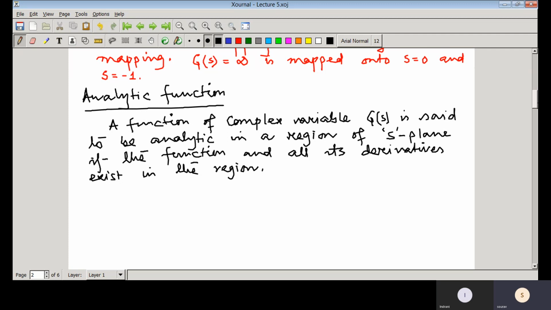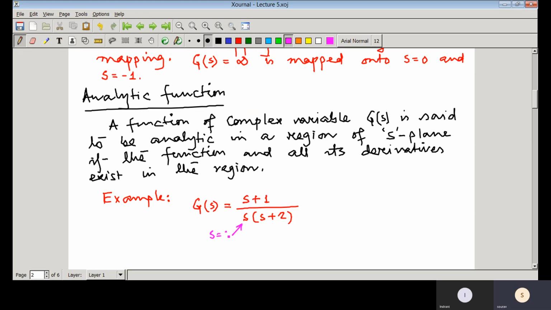So let us see one example. Suppose GS is a function, that is, S is that complex variable. So here we can see this function would be infinite if you put s equal to 0.